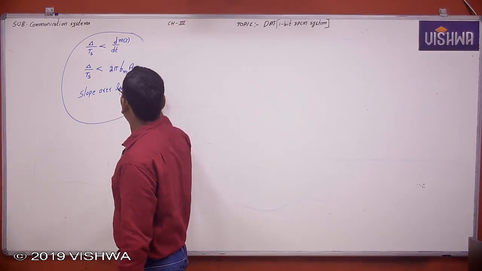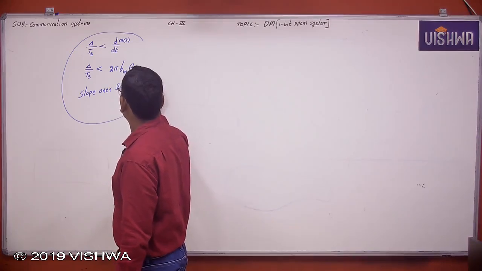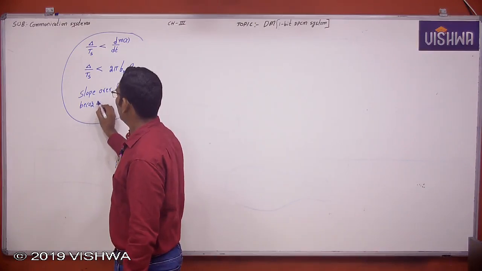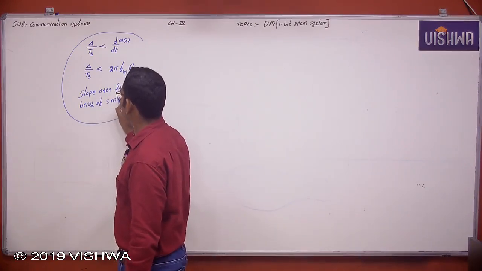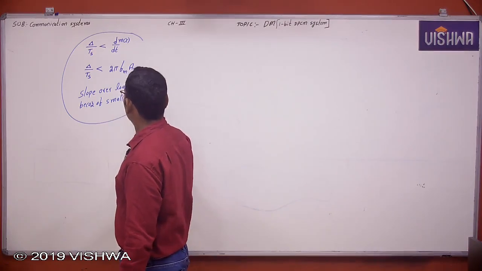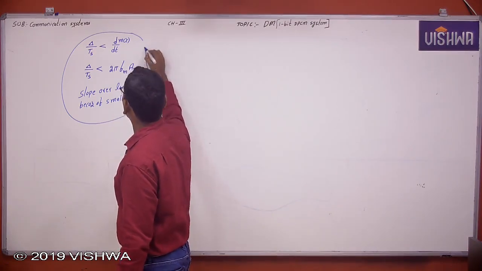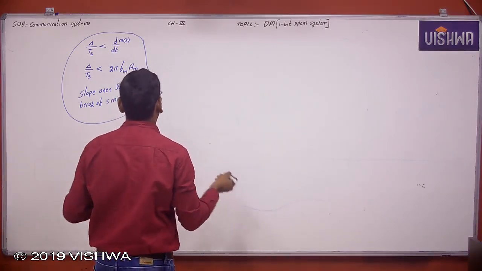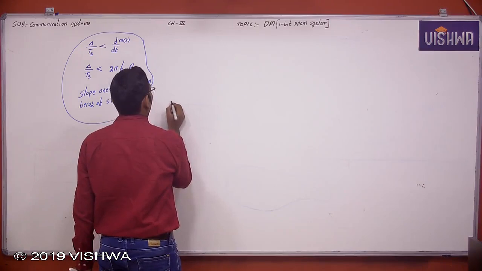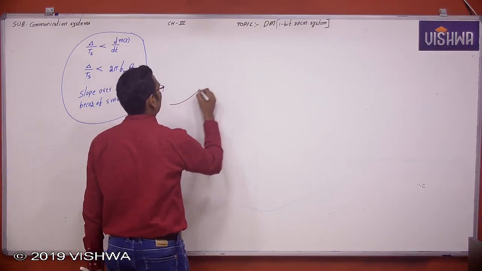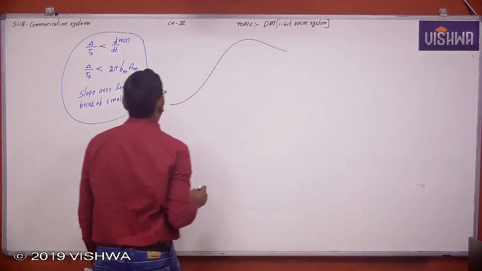This is the slope overloading error because of small step size. Now this is the original message signal, right?